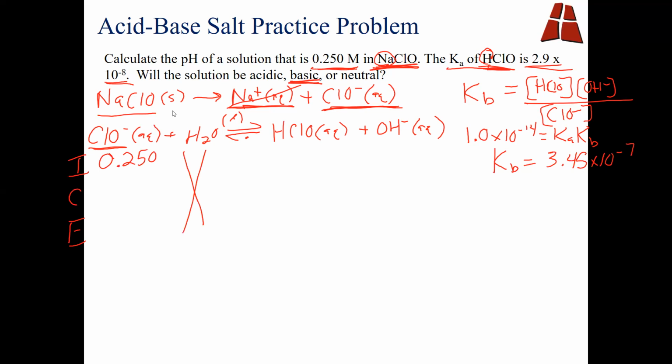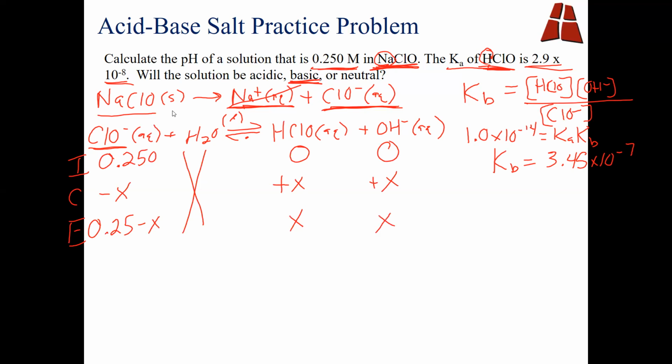Water, a pure liquid, we don't have to include. We're not told anything about the concentration of our products, and so we don't include those. From there, our change, if you look at our coefficients, is minus x, plus x, plus x, and then our equilibrium row, we just combine things. So 0.25 minus x, and x.